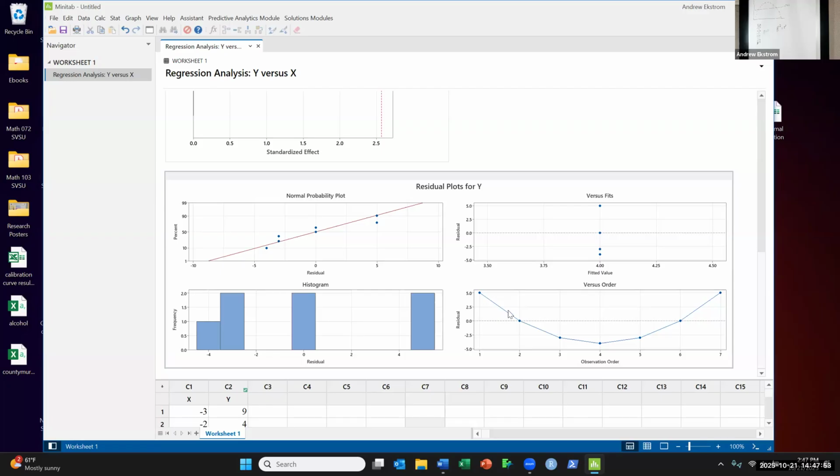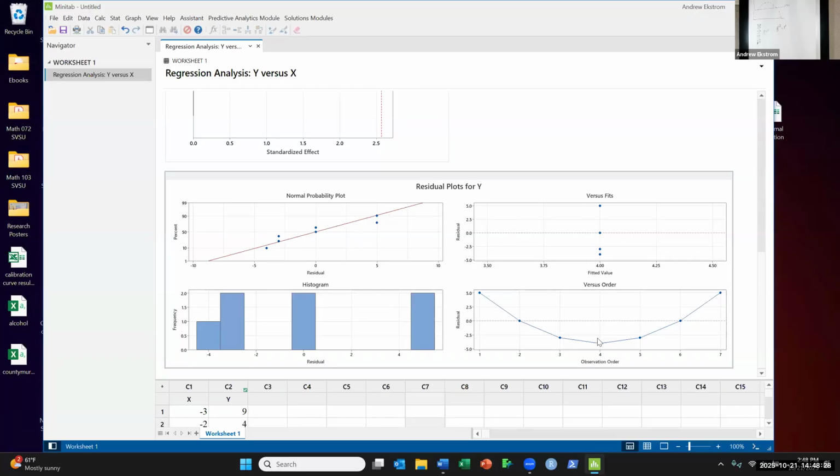But looking at the residuals versus observational order, does anyone see a pattern here? I do. So we can use this to tell if there is some issue with the independence of the residuals compared to the observed order. And when we look at residuals versus fitted values, we're looking to see if there seems to be a pattern.